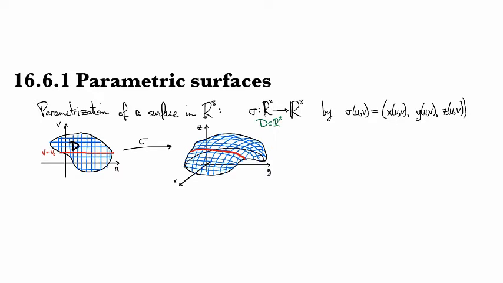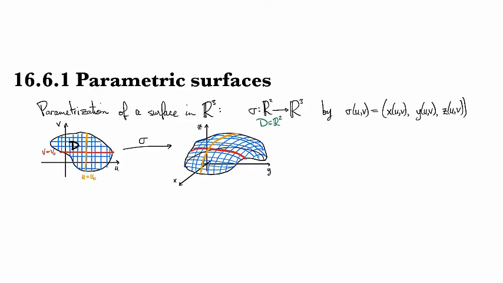And if you have some line of constant U, so maybe this is where U is fixed equal to some value U naught, that would correspond to one of these grid lines like that. Okay, so just sort of thinking about how to visualize a parameterization of a surface in terms of images of coordinate lines like we've seen before.